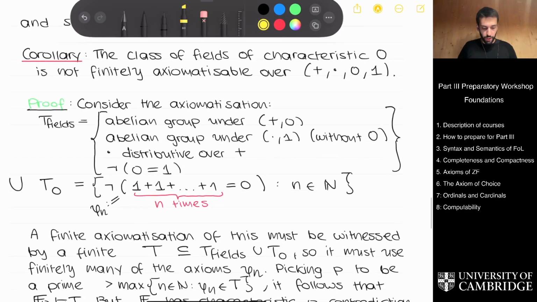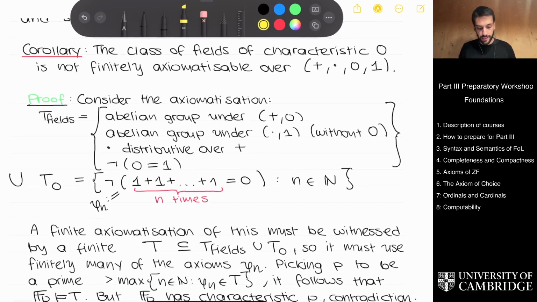How does that give us what I told you just a minute ago? The corollary is that the class of fields of characteristic 0 is not finitely axiomatizable over the language of fields. So consider the standard axiomatization of fields of characteristic 0. That is, we take all the axioms of fields that say that you're an abelian group under addition, an abelian group under multiplication, of course without 0, that the multiplication is distributive over addition, and that, of course, 0 is not equal to 1, so that you have at least two things.